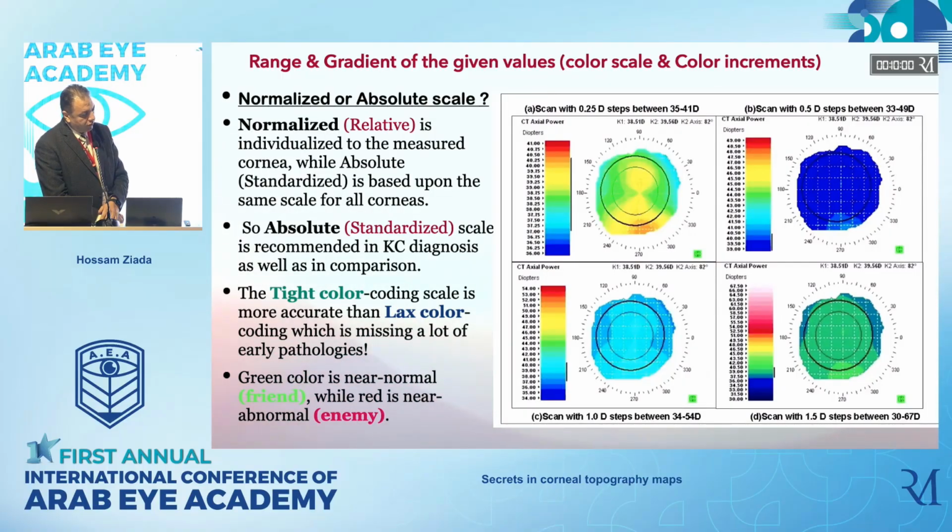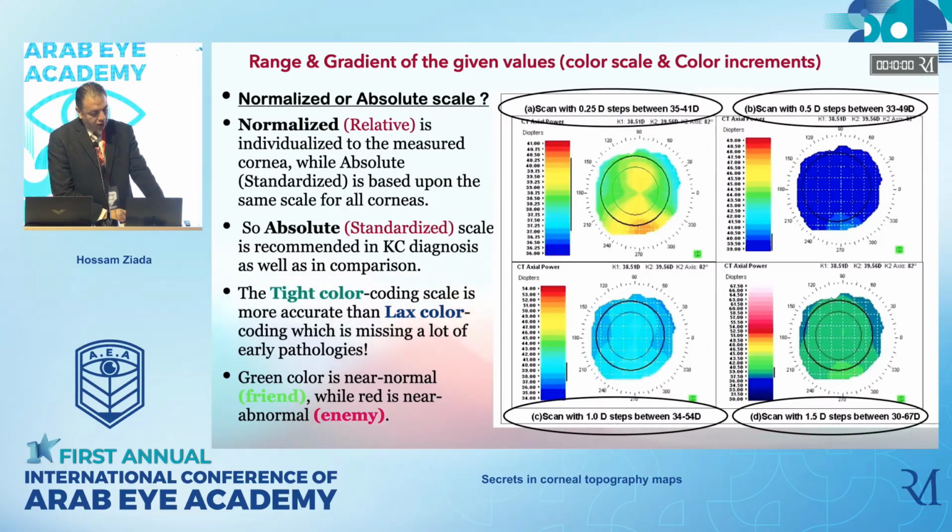So the relative or normalized scale is individualized to the measured cornea, while absolute or standardized is based upon the same scale for all corneas. So the standardized is for screening, but the normalized or relative is for the individual patient himself.